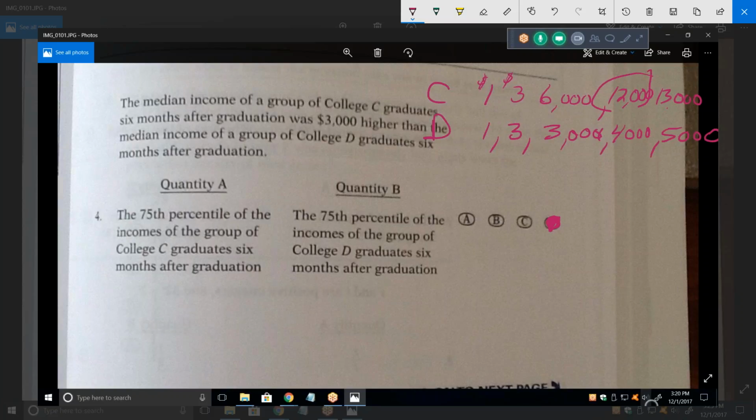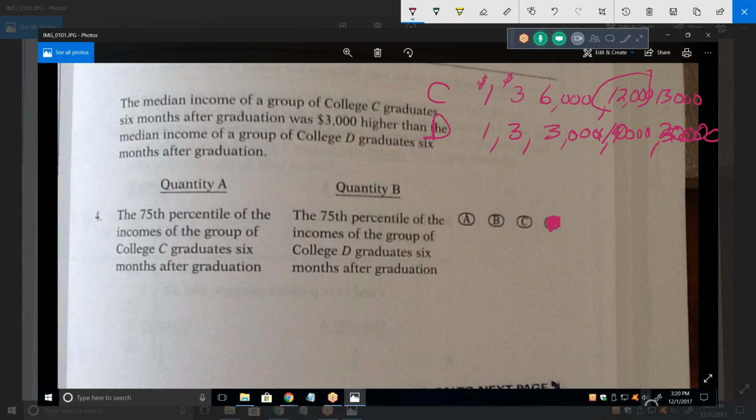Right. So the first thing I try to do is to prove that. And I did it. When I put 100,000 on there and 200,000 on there, I disproved it. The numbers that I just put down for C and D, D is the higher 75th percentile.